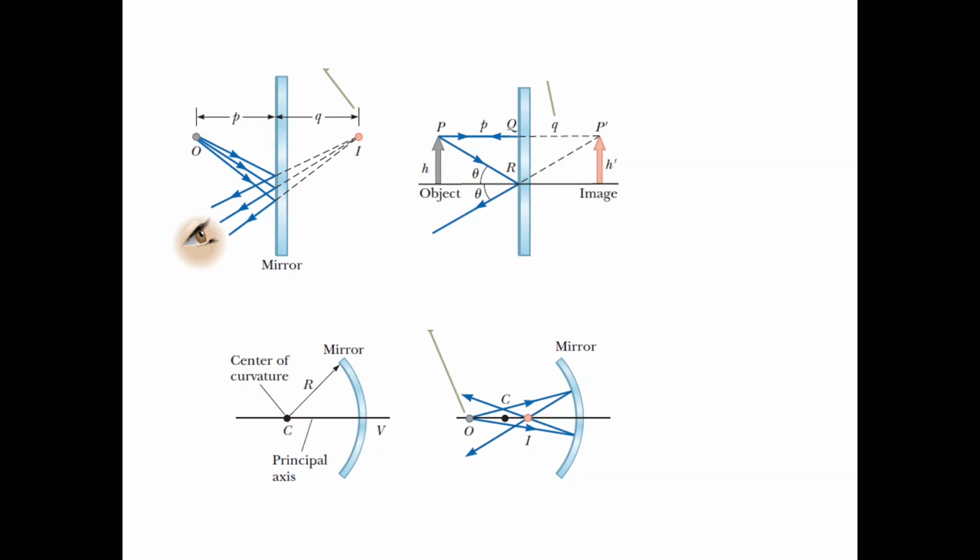So let us consider a more complicated case, which is a spherical mirror. So what is a spherical mirror? It's a segment of a sphere with some radius r, and it has some principal axis which goes through the center of this segment, and both sides of the mirror, the inner side or outer side, can be reflective.